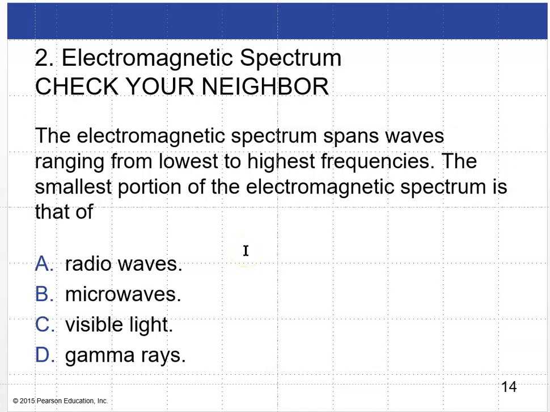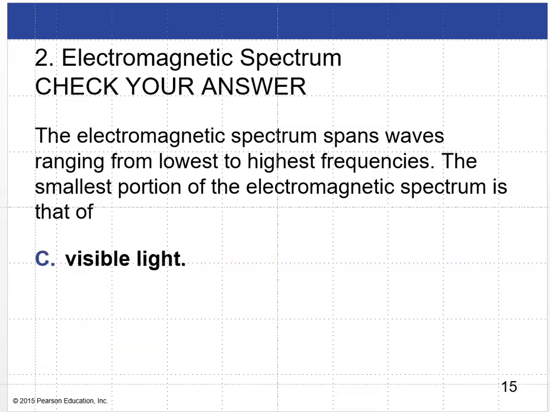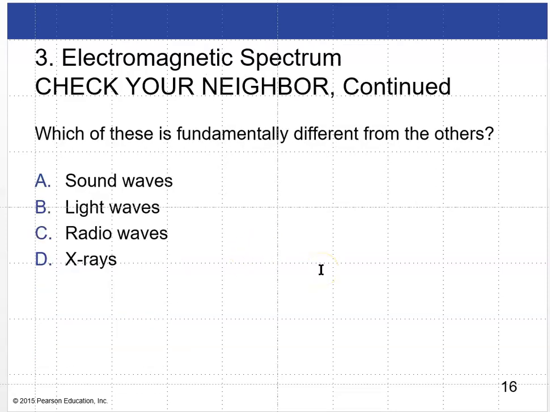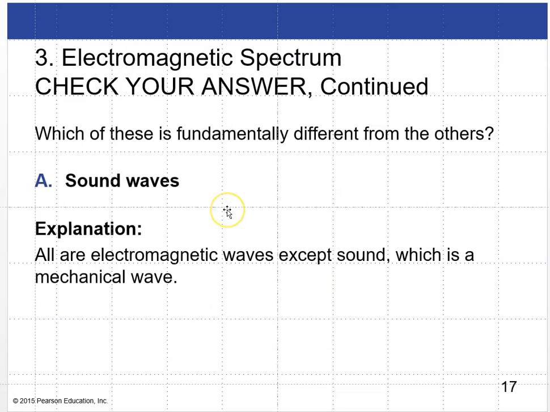The electromagnetic spectrum spans waves ranging from the lowest to the highest frequency. The smallest portion of the electromagnetic spectrum is that of visible light. Which of these is fundamentally different from the others? Sound waves. The old expression goes that they can't hear you scream in space. Well, a sound wave is a matter wave. It requires a medium in which to transfer.